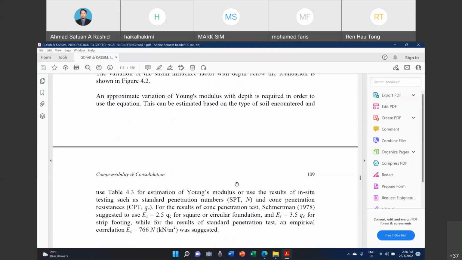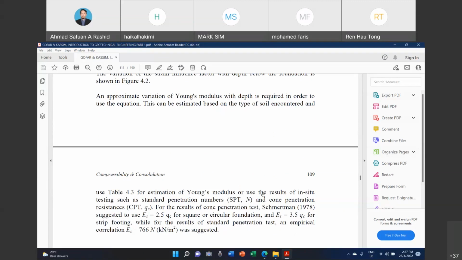Then normally, for this ground investigation work or soil investigation work, we may use either CPT or SPT. But I will not discuss in detail what is the equipment that is usually used to conduct the SPT or the CPT.